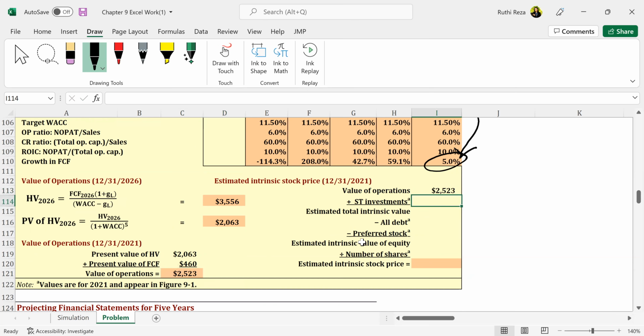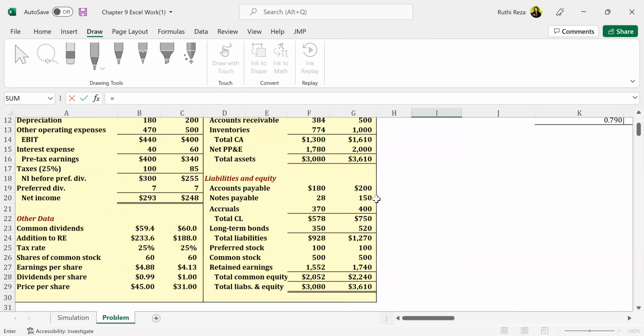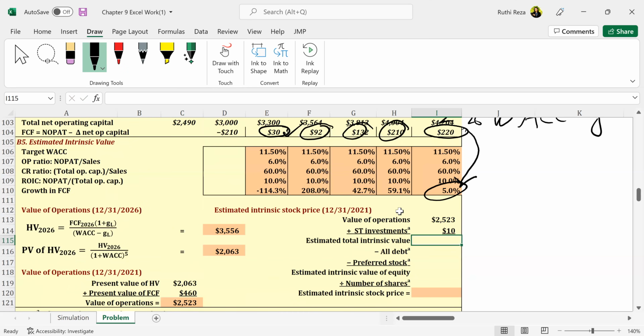Now let us calculate share price. So value of operations plus our current value of short-term investment will give us the estimated total intrinsic value of the firm.